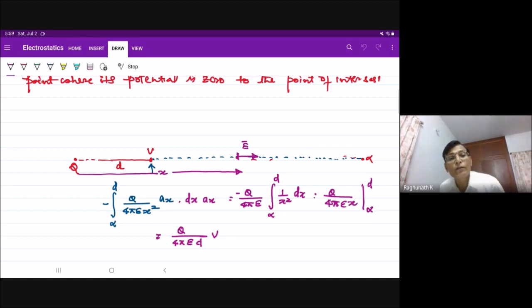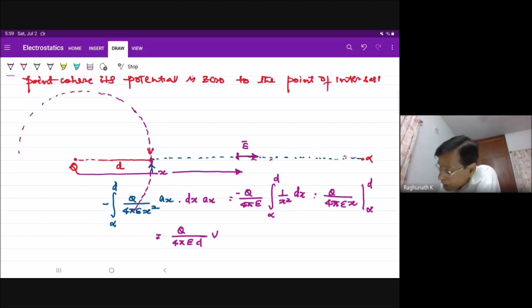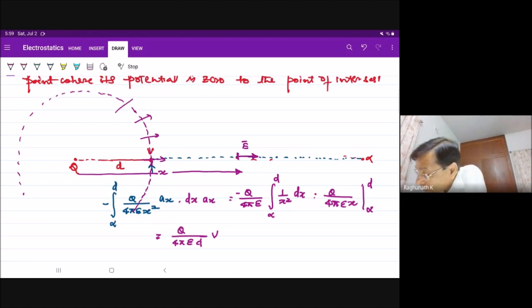Is it fine? Now, listen carefully. Suppose I consider an imaginary spherical surface of radius d, having the center at the given positive point charge. What is the potential at any point? Everywhere on this sphere, I know that the field is perpendicular to the sphere, radial.